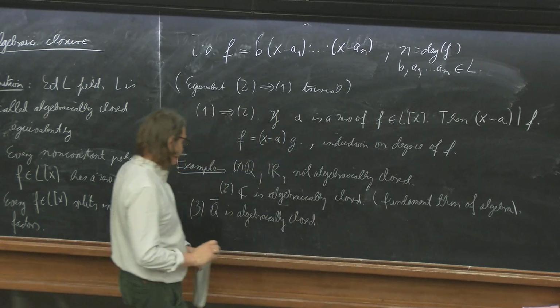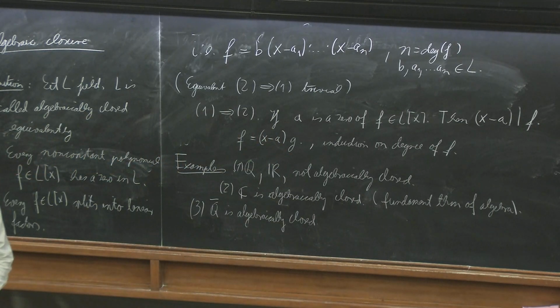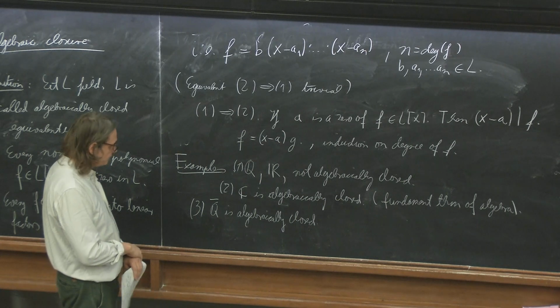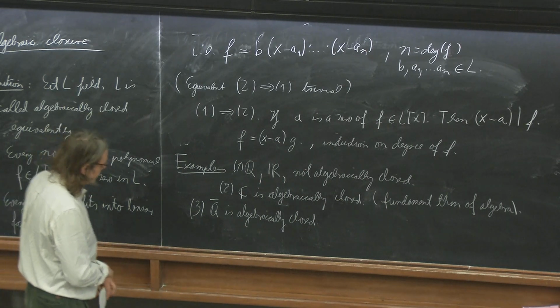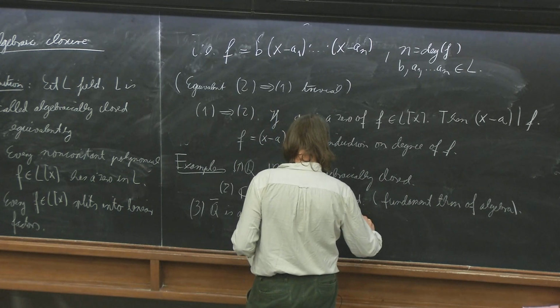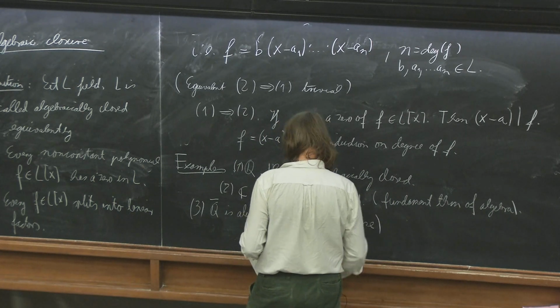For that, Q bar, the field of algebraic numbers, was the set of all elements in C which are algebraic over Q. And you can prove as an exercise that this is algebraically closed.